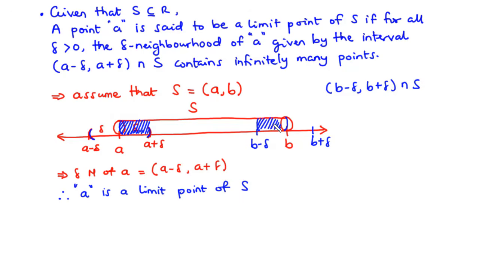Now since we have infinitely many points between B minus delta and B, then we say that B is also a limit point of S.